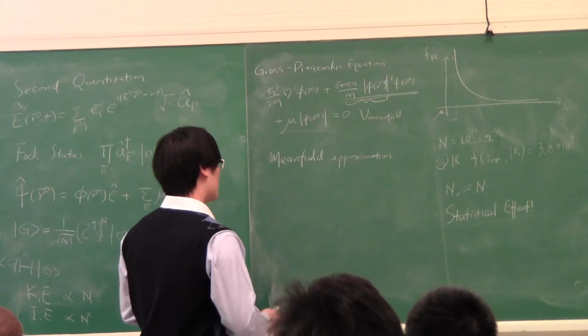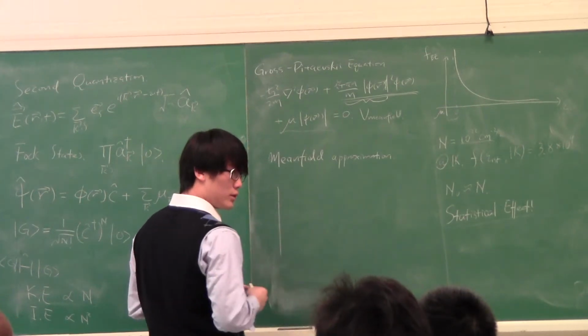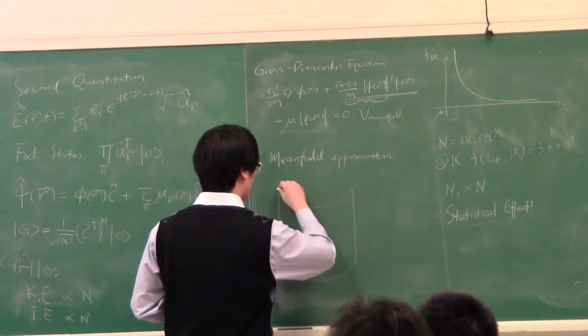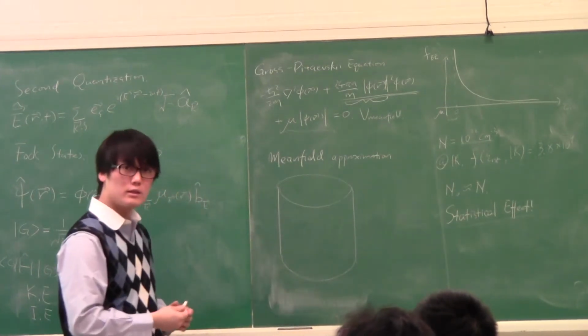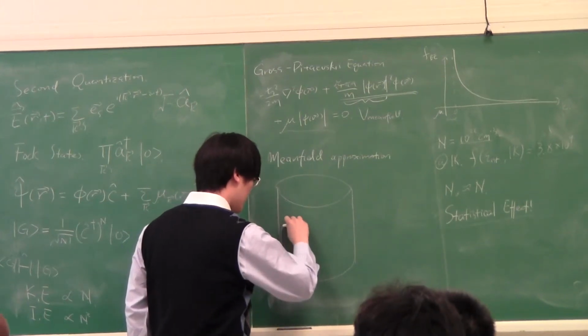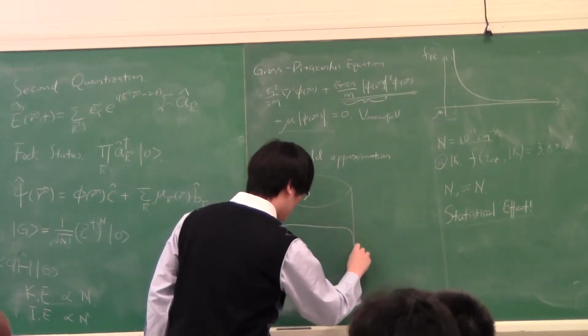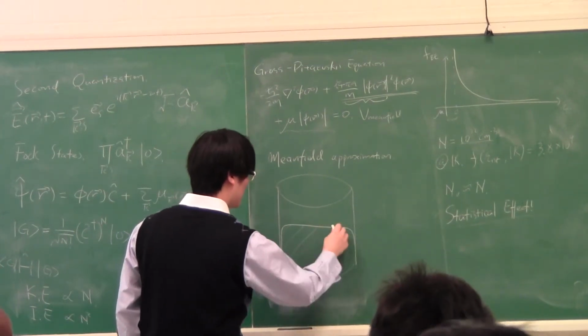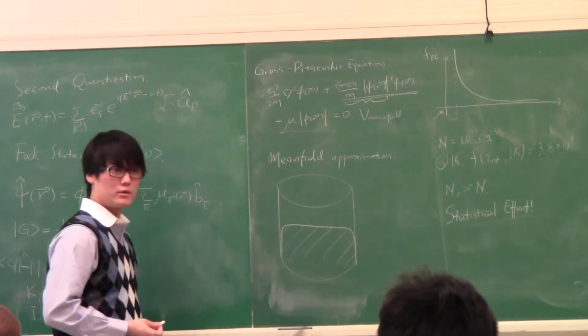And so suppose we were solving for this dilute boson gas confined to some container, and it would be a constant everywhere except at the walls of the container. So maybe it looks something like this. Okay, so this would be the solution for the wave function.